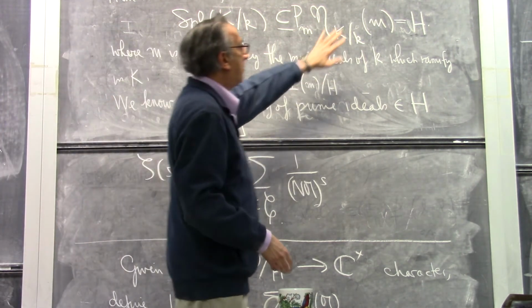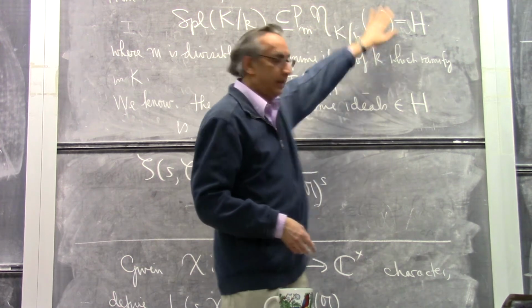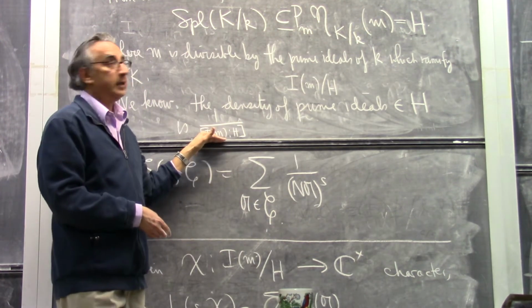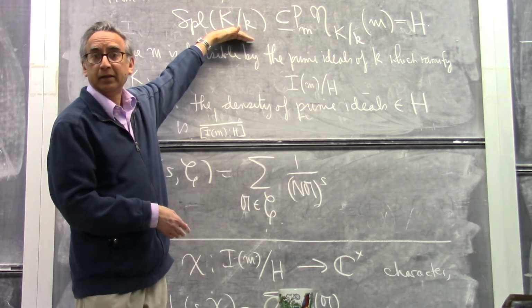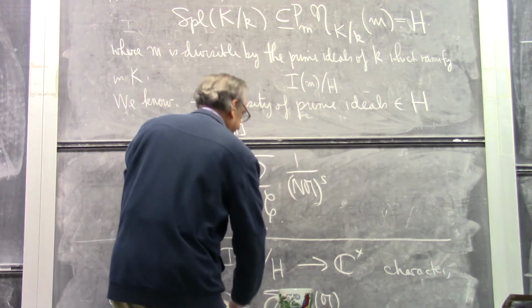So the density of prime ideals in this set is this number, and the density of prime ideals in this set is 1 over the degree. Therefore, we get an inequality.